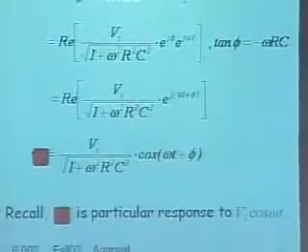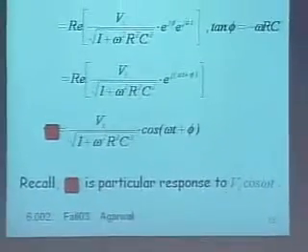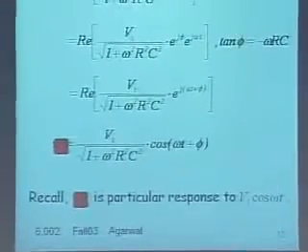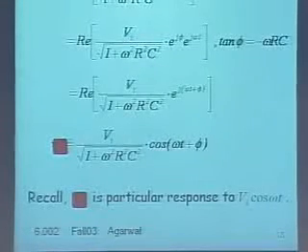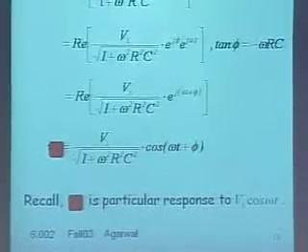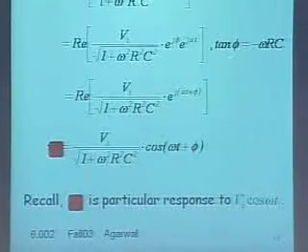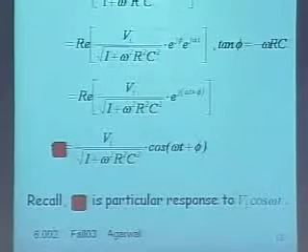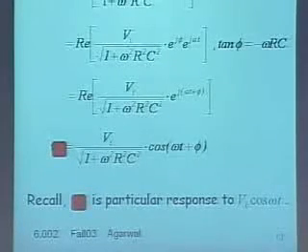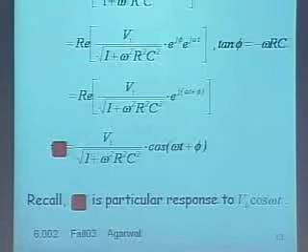So remember, VP was given by this quantity here, and I take the real part, and I end up with VP being simply this quantity multiplied by cosine omega t plus phi, where phi is given by tan inverse of omega RC. And this is the coefficient multiplying the cosine. So by taking the sneaky path and then taking the real part of that output answer, I was able to very quickly get to where I wanted to be. From here to here, it's only math.